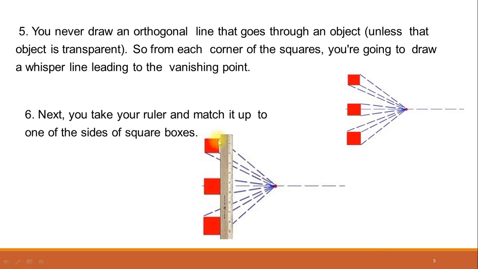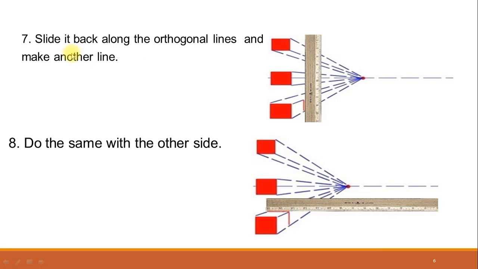Put the ruler here and then slide the ruler back along the orthogonal lines. Along these orthogonal lines, slide the ruler back and make another line. Make another line means draw a line to touch these two orthogonal lines.